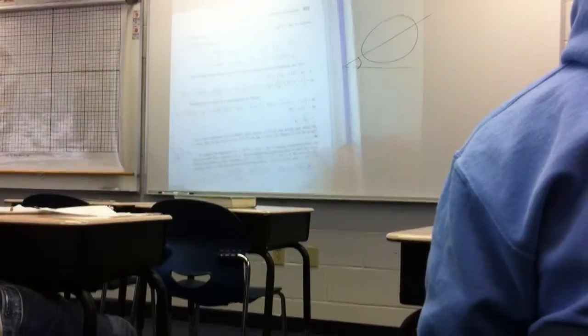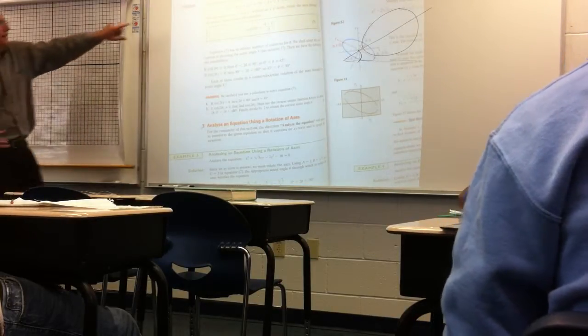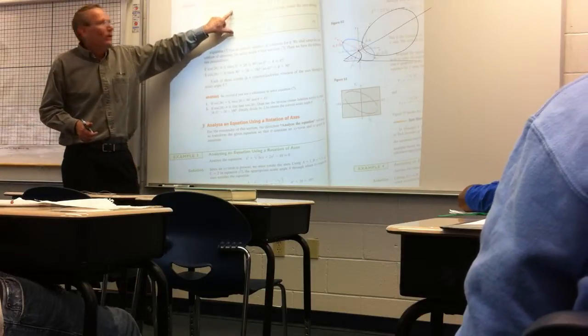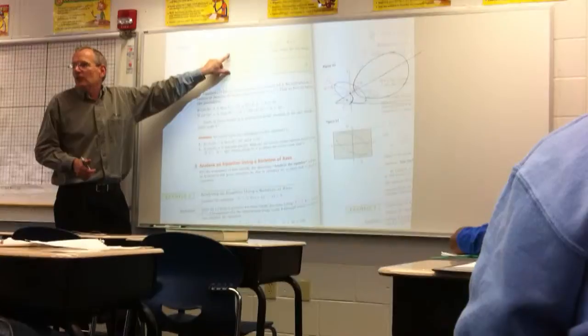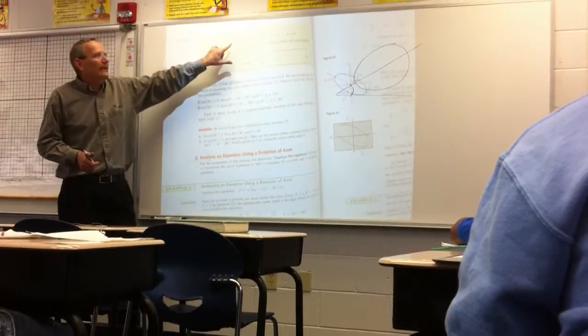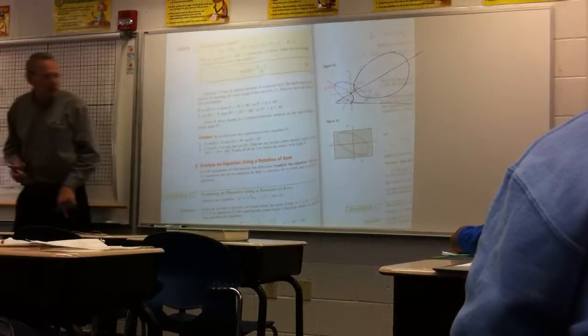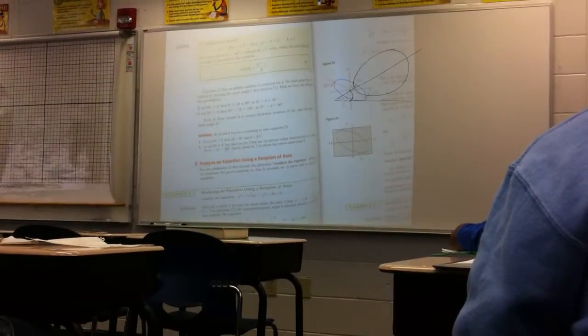Now, if you have an equation that is a rotated axis, it's going to look something like this, with an xy term in it. If you notice, the last equation didn't have a b. Did you notice that? B's coming in here. So b is what leads the x and y term.